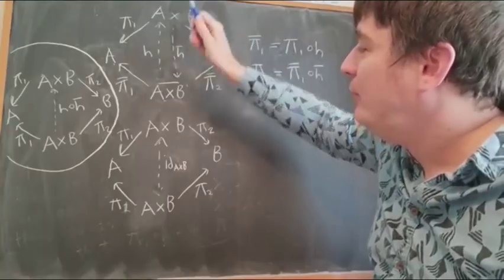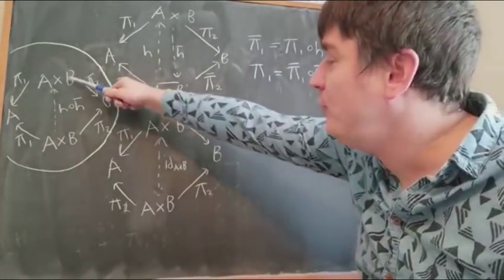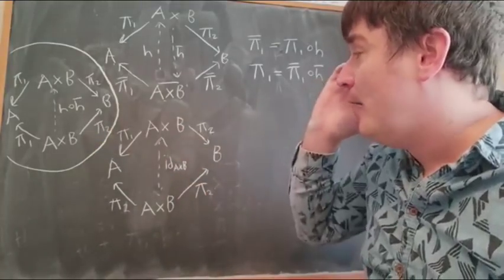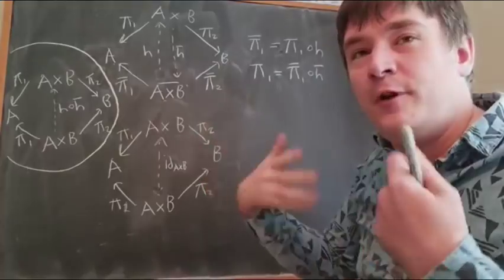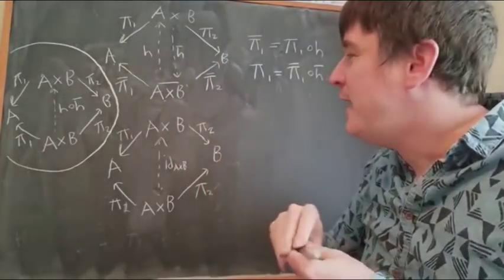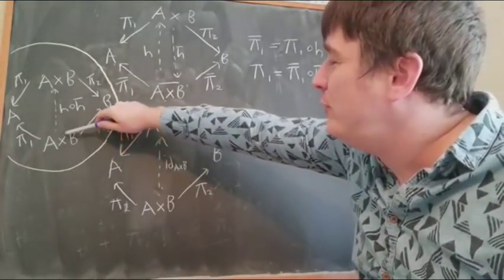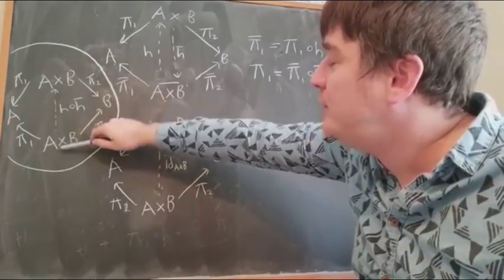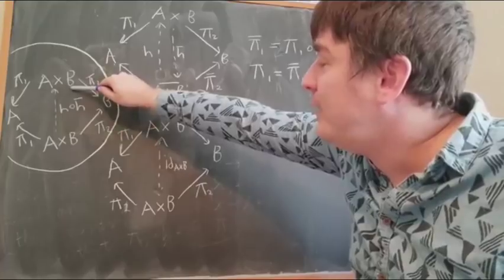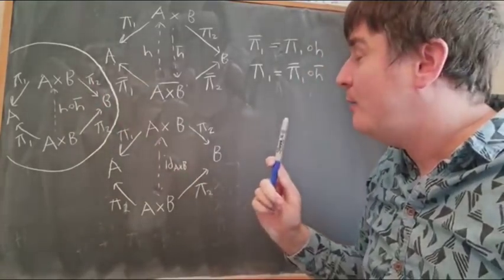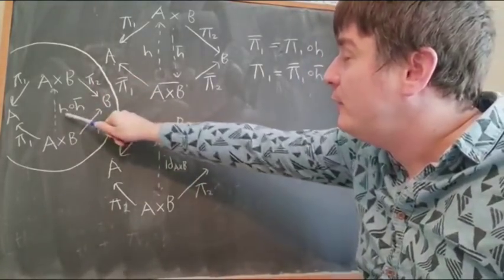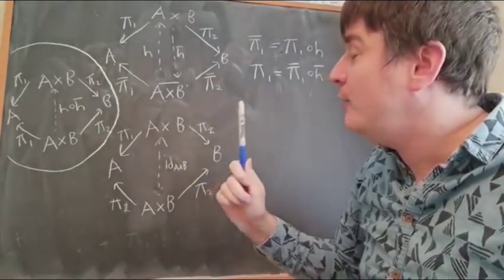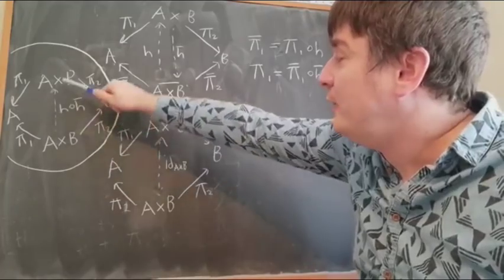Okay, so we've drawn another diagram where we have two copies of A times B. But now I've just, for no reason which is apparent yet, drawn this arrow, H after H bar, which goes from A times B to A times B. Now I want to convince you that this is an intermediary arrow from this object to this object.